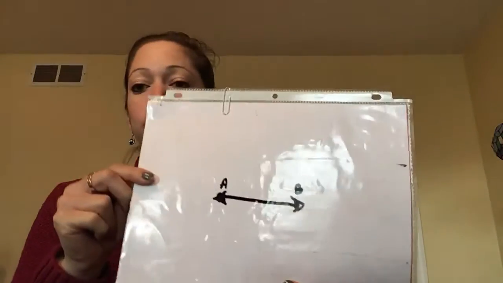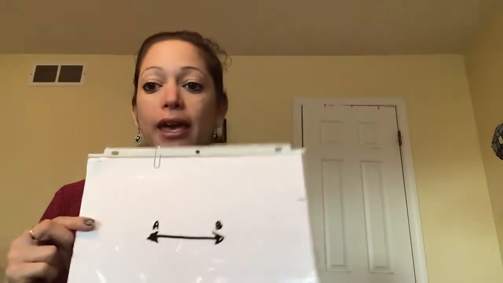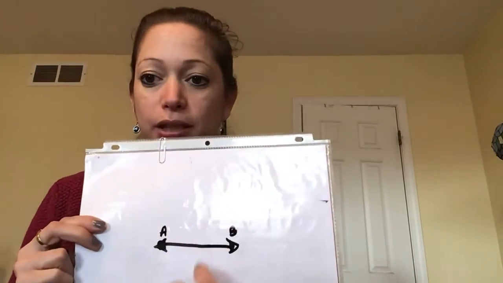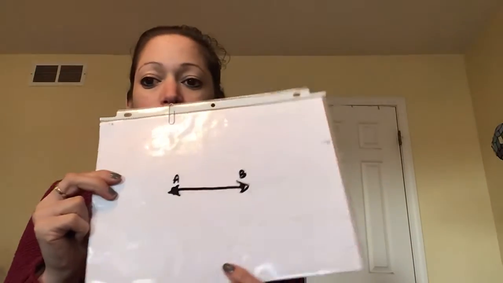So there are lines that intersect. If I make a line, this could be line AB. Okay, see line AB? And then if I want to intersect it in the middle, I'm going to go ahead and draw that right now.